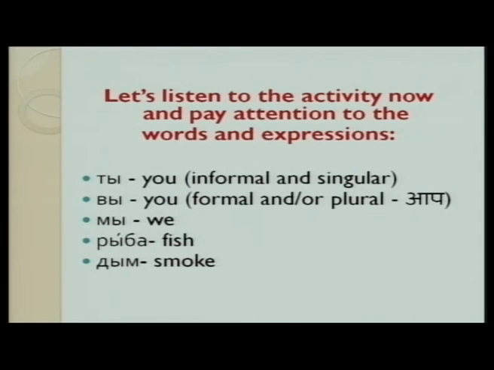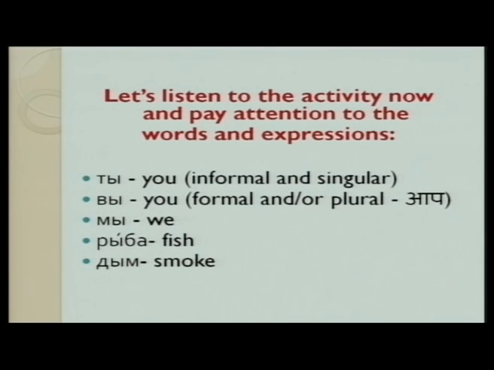So, accordingly in Russian we have equivalents. I is ya, you singular is ты, for he we have on, for she we have ana and for it we have ano.